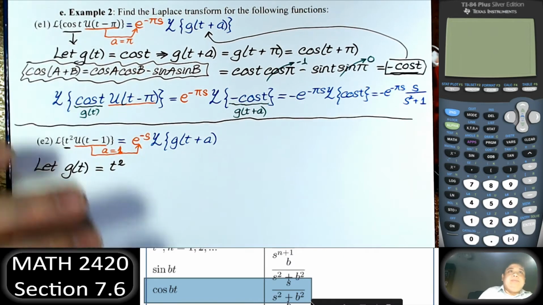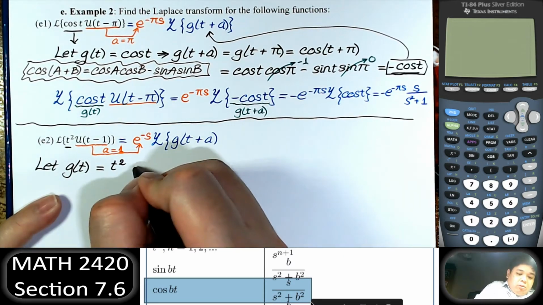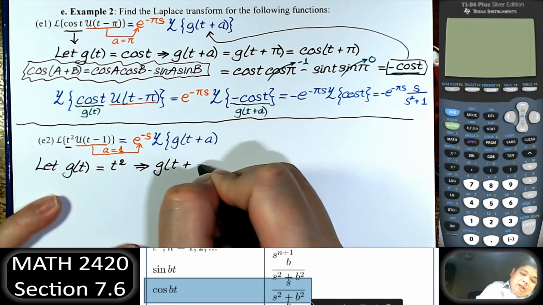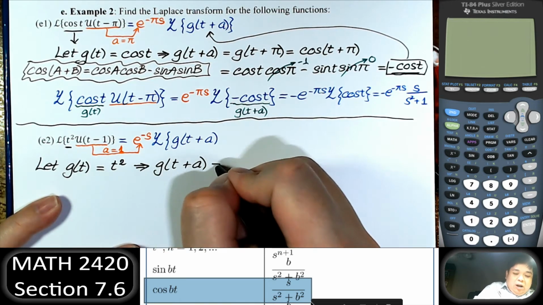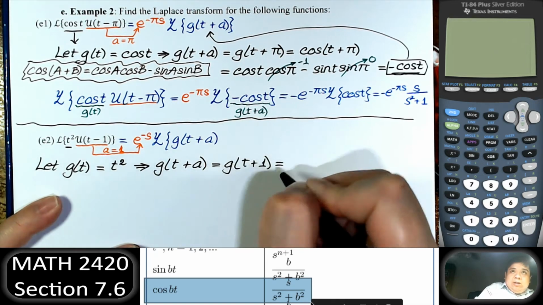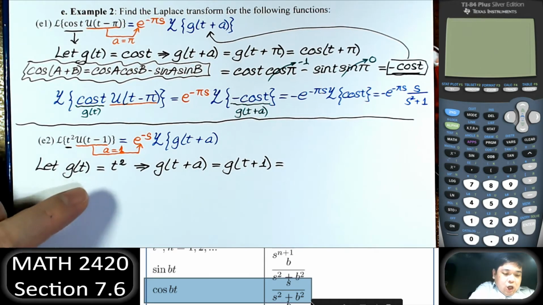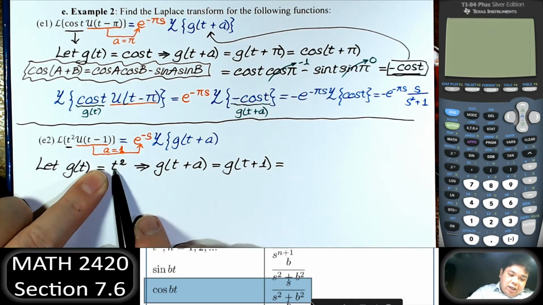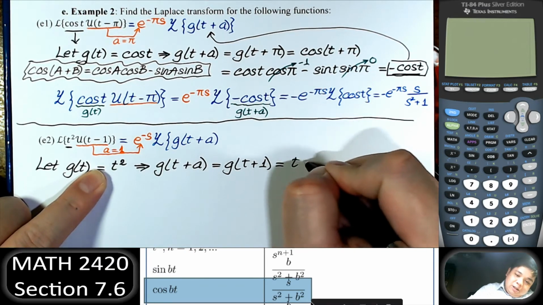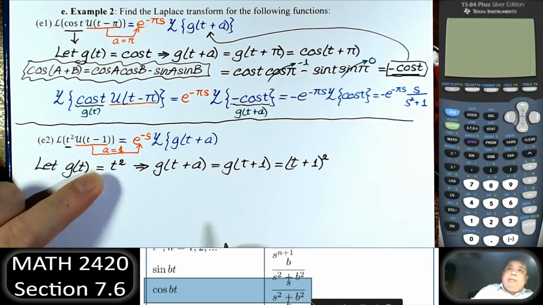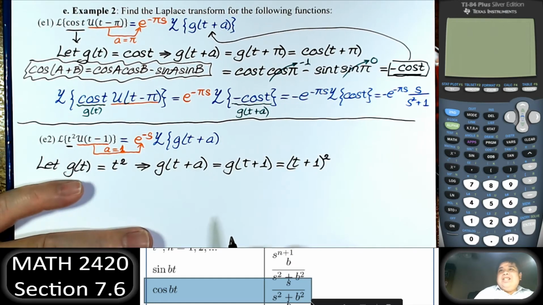Now, we will find g of t plus a, where a is equal to 1, so g of t plus 1. G of t plus 1, we put t plus 1 into t here.